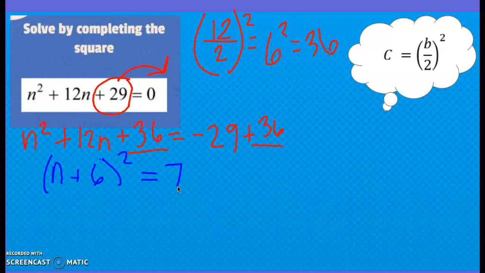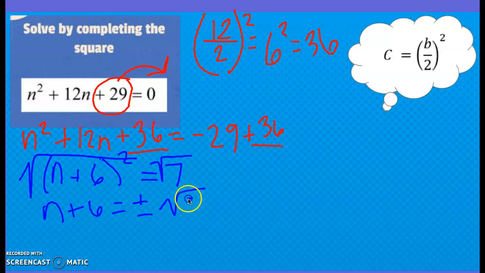Okay. So now to solve this, I have to take the square root of both sides. And then that will give me n plus 6 equals positive or negative square root of 7. We can't simplify the square root of 7 because it's not a perfect square. So now when we solve, all we do is subtract 6 from both sides.